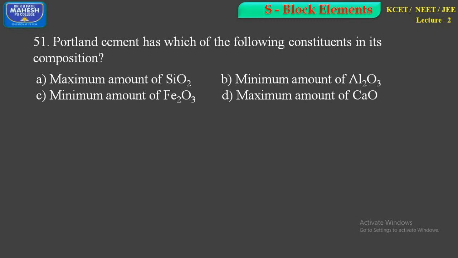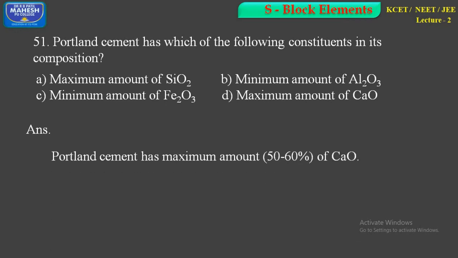Option D, maximum amount of calcium oxide. Students, Portland cement has the maximum amount, that is 50 to 60%, of calcium oxide. Thus, option D is the right answer, that is maximum amount of calcium oxide.